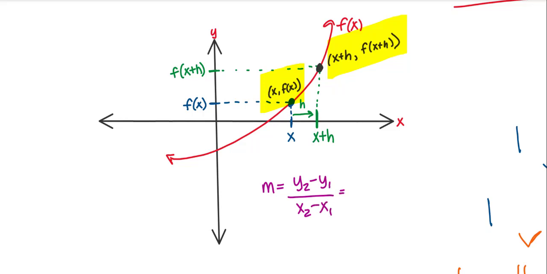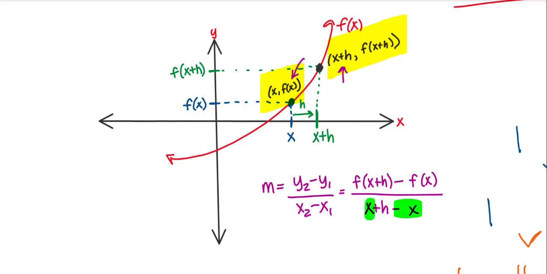So y sub 2 would be my f of x plus h minus my y sub 1, which is f of x, all over x sub 2, which is that x plus h, minus x sub 1, which I called x. Now, the only thing that you should be seeing here is perhaps that this x in the denominator and this negative x add to 0.